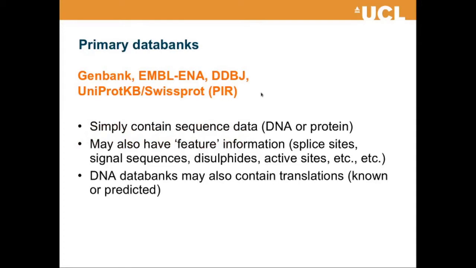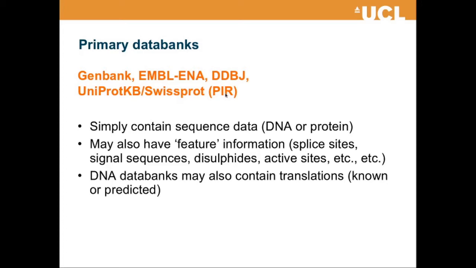The second line of examples here are protein sequence databanks. So we used to have a situation where we had in Europe what was known as TrEMBL, which was the translation of the EMBL ENA databank, and SwissProt, which was the more carefully annotated, defined sequences of proteins, which didn't just come from automatic translation. And in America, the equivalent resource to SwissProt was the PIR, the Protein Identification Resource.